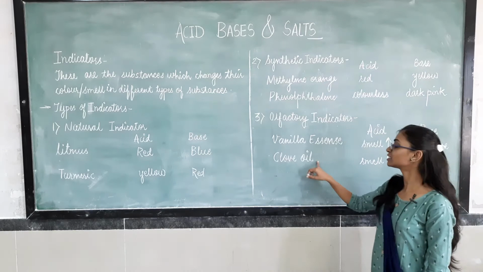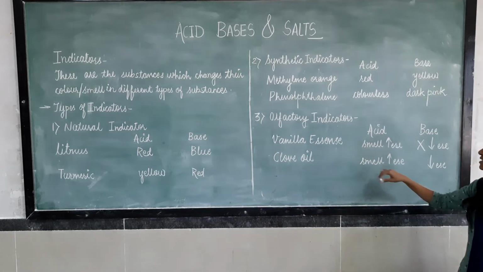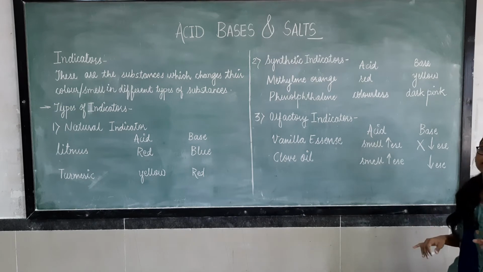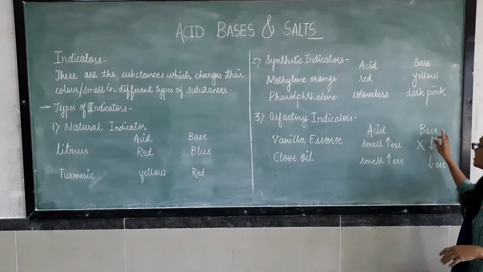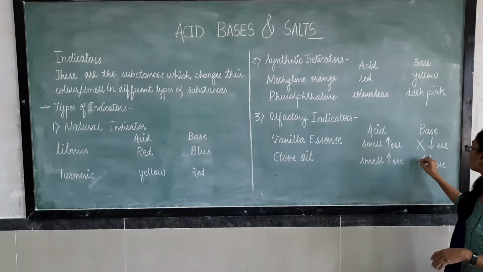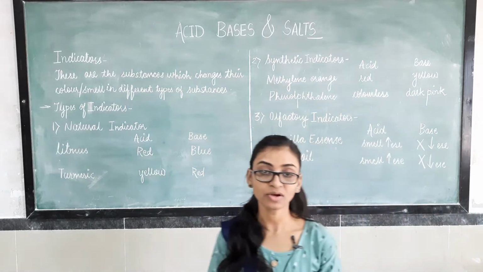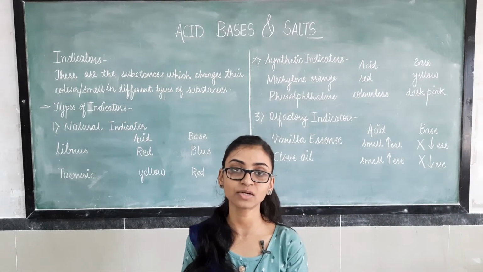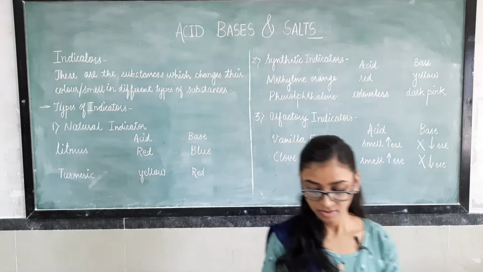In the second condition, clove oil: when clove oil reacts with acid, the smell of clove increases rapidly, while when clove oil reacts with base, the odor of clove decreases, or you may say here too that no smell is present. So, is it clear how these indicators work in differentiating between acids and bases, right?